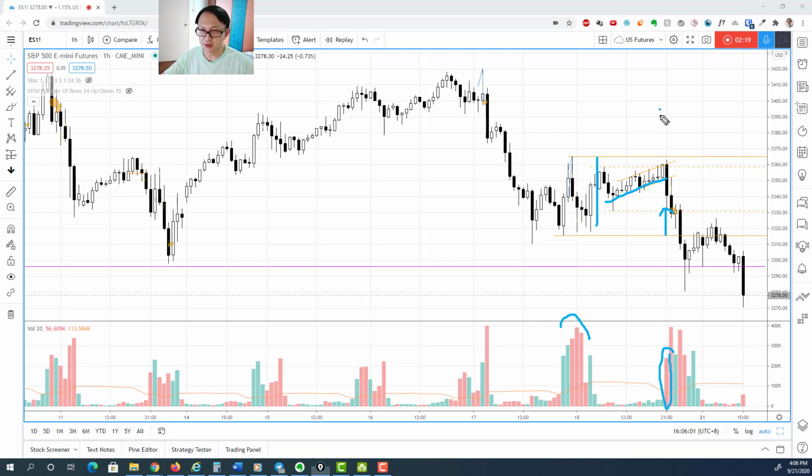It kind of tested the previous day high, annotated in this orange level at around 3360 or 65. It didn't really touch it, just tested and immediately fell.